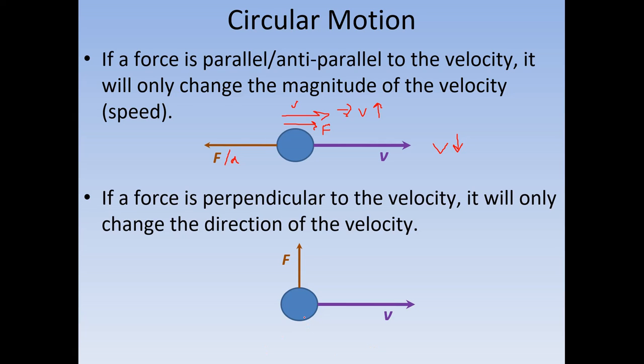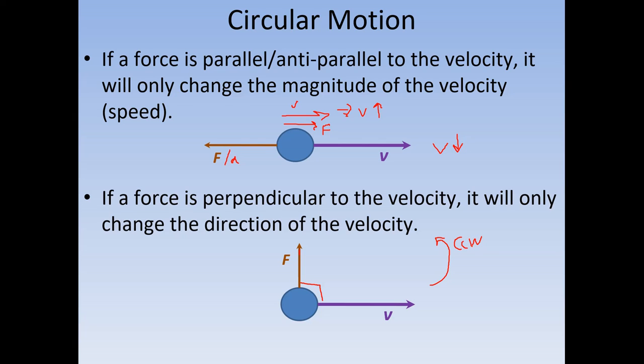In the case where I have it perfectly perpendicular like this, then what I'll have is a change in direction, but the value of the speed doesn't change. So if this was 5 meters per second, it's going to stay 5 meters per second, but it's going to rotate in a circle. Based off of the direction that the force and the velocity are going, this would end up going in a counterclockwise direction.